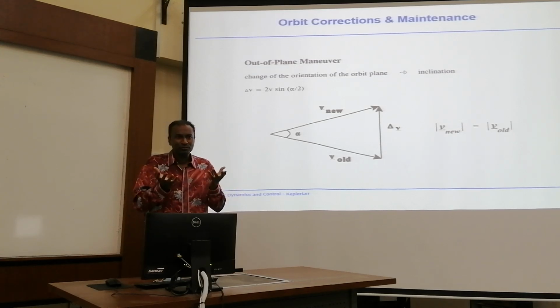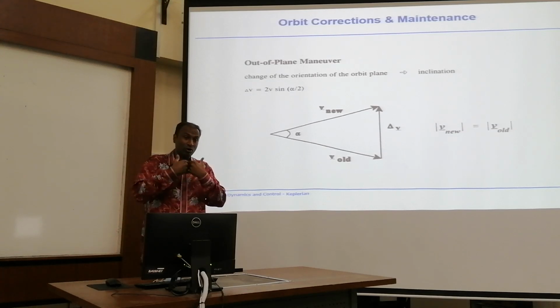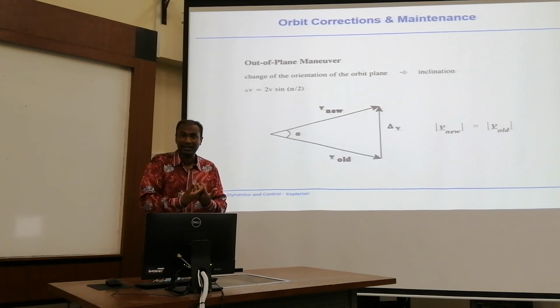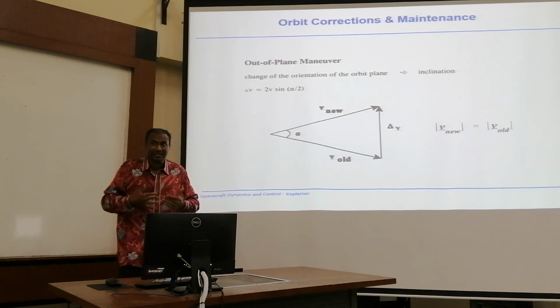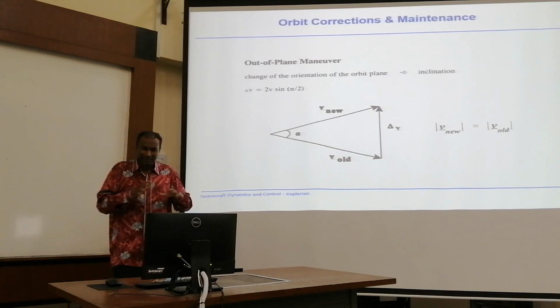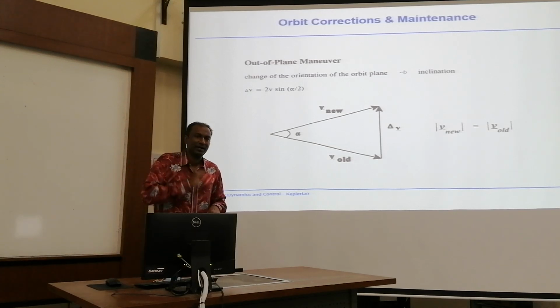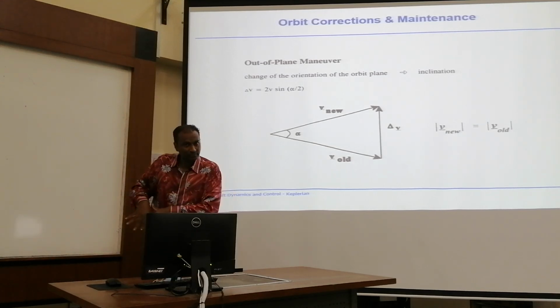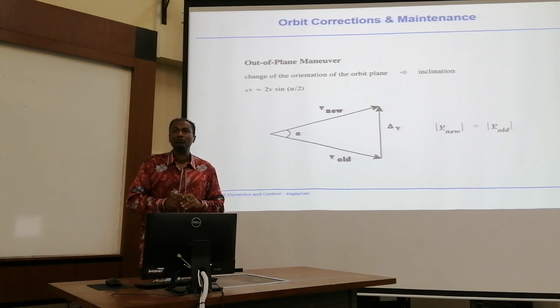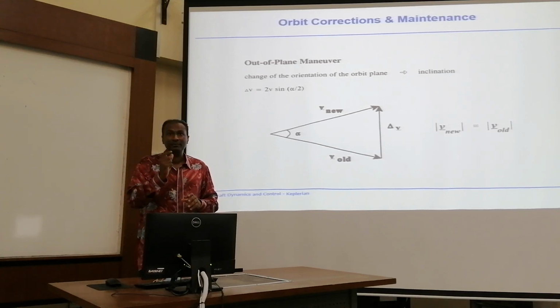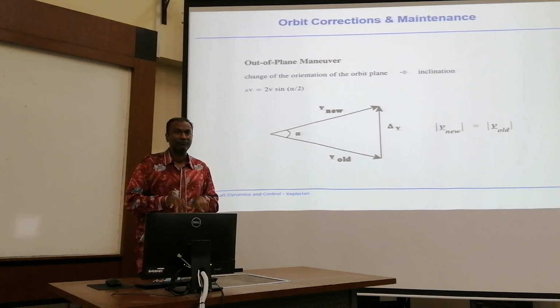How do I know? Space mechanics in the onboard computer, technically you can calculate, or you can do this exercise on the ground. You do all the space mechanics calculation, exactly what you have done in your space mechanics, you do it here. And you know exactly how much delta V to fire or how much is needed. You send the command straight from your ground station to the satellite.